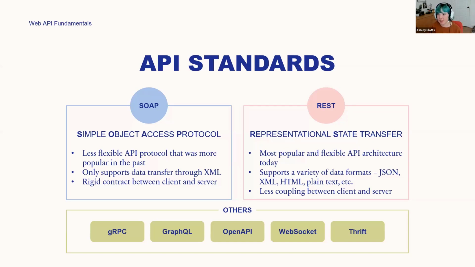So SOAP versus REST. We've got SOAP, which stands for Simple Object Access Protocol. From the name, you might guess that it's an API protocol. It's a little less flexible. It only supports data transfer through XML, but because it's a protocol, it has official standards and rules.